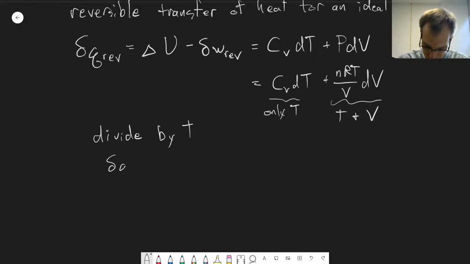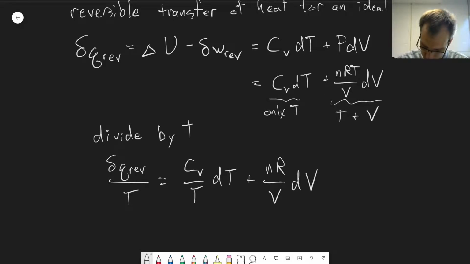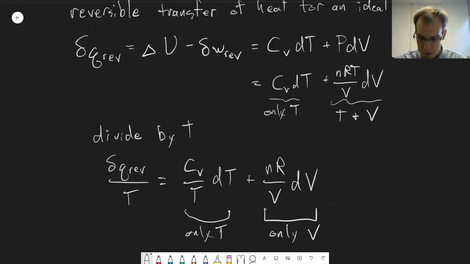So we'll have dq reversible divided by temperature is going to be equal to CV over T dT plus nR over V dV. And now we have this term only depends on temperature. This term only depends on volume. This is assuming, of course, a closed system, so the n doesn't change. And now this is an exact differential.